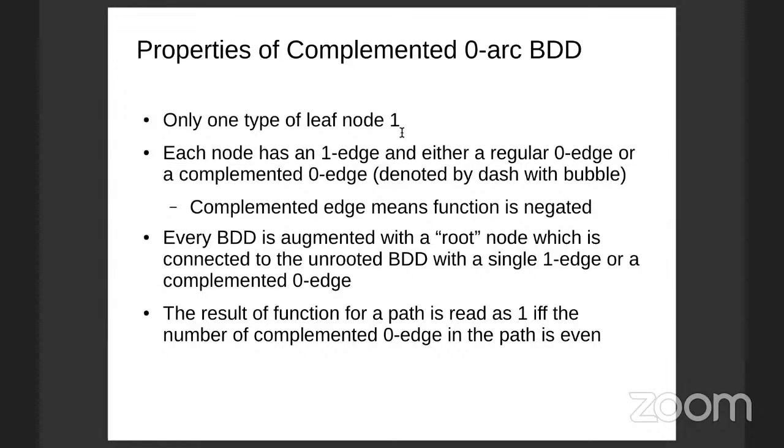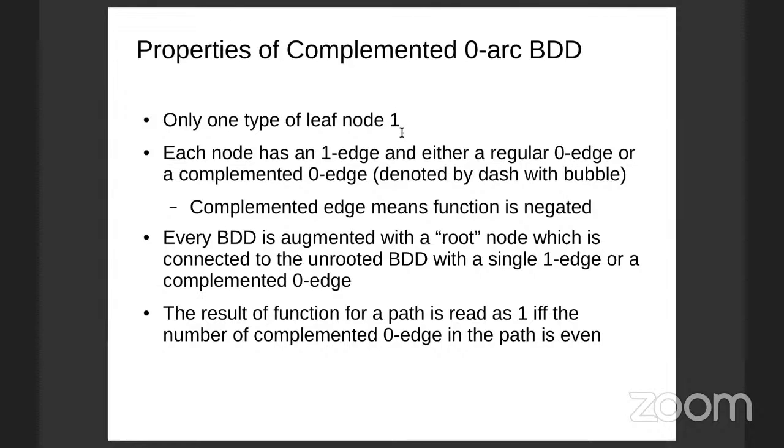There is a limitation of having both 1 and 0 as leaf nodes. See, the portion of a BDD that takes the function to 1 is the one for which the function evaluates to 1, okay?